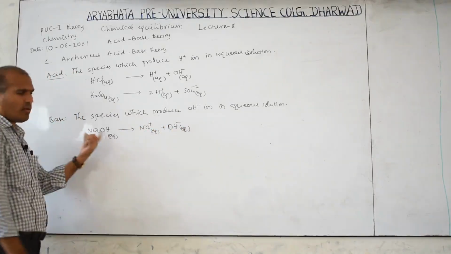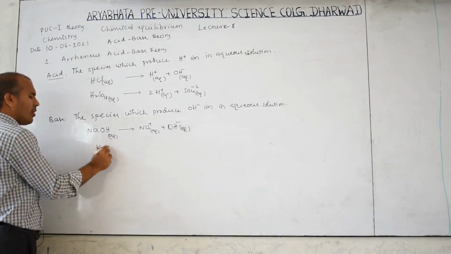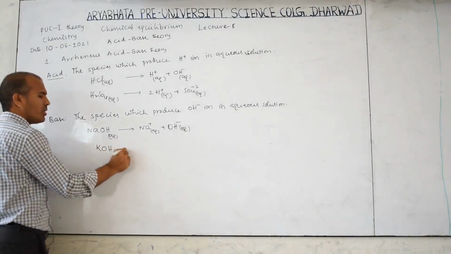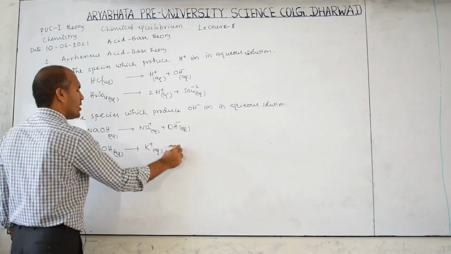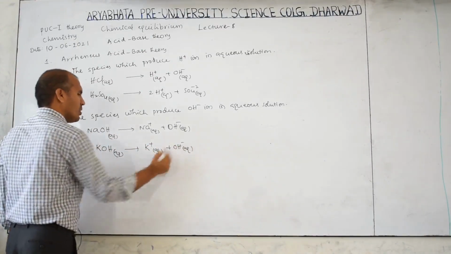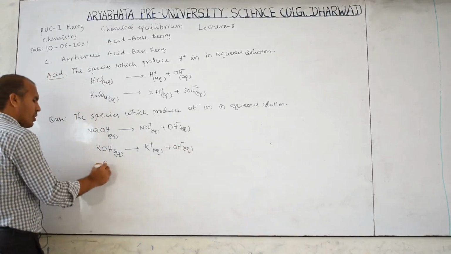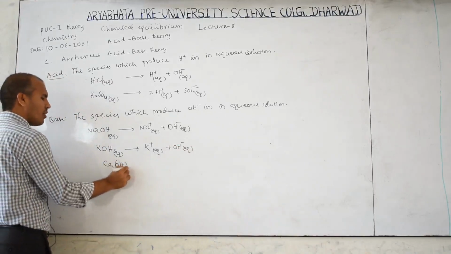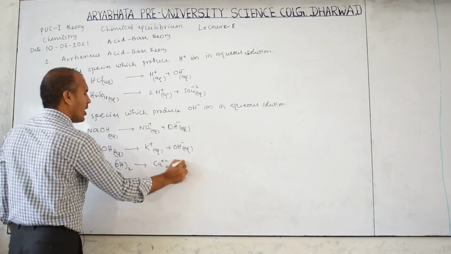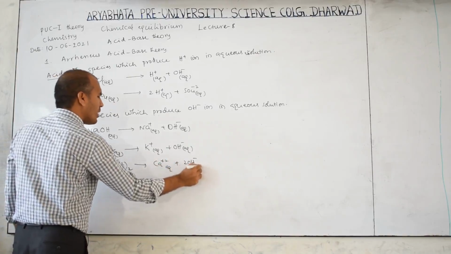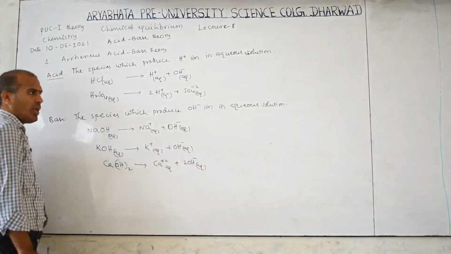This is called base. Similarly, KOH aqueous gives rise to K plus aqueous, OH minus aqueous. This is also base. Calcium hydroxide ionizes into calcium plus 2 aqueous and 2 OH minus aqueous. So this is also base.